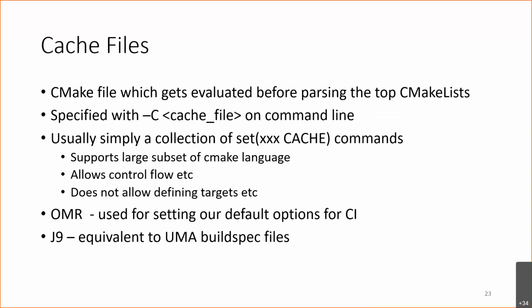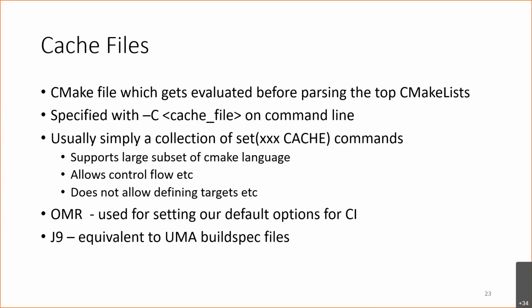Cache files in CMake are basically CMake syntax files, which get evaluated before parsing the top CMakeLists.txt. On the command line, you would specify -C and then a cache file. Usually they're just a simple collection of set variable cache commands for setting various defaults, but it does support a significant subset of the CMake language.